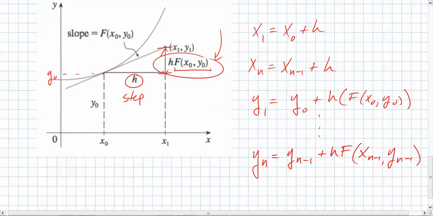It's a little bit annoying, but it's something that you can do to estimate solutions to differential equations given an initial value. So what initial value would they give you here? They would tell you this point right here, and you have to start right there. You have to fill in the chart carefully is all. And if you want to make it more accurate, you make your h value smaller and smaller.